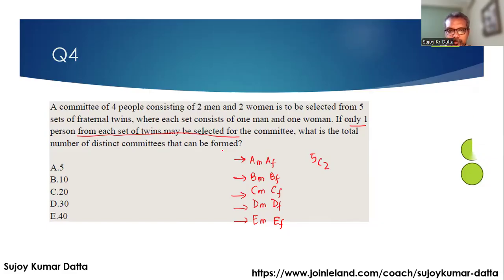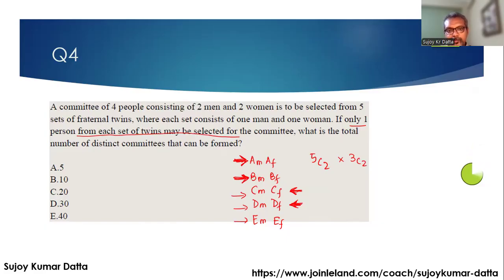So let's say we chose this one, A, and let's say B, okay? Then we choose 2 others from the remaining. So let's say we chose C and D. So that means 3 are left. So 5C2 and 3C2, right?